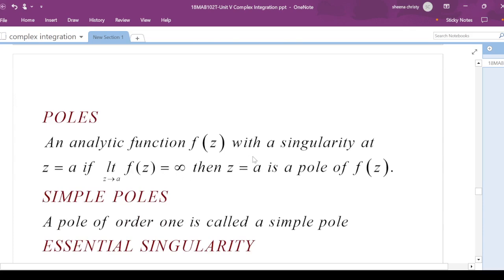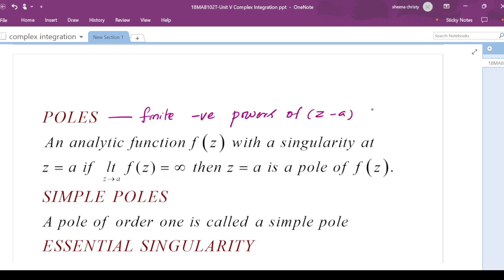For an analytic function f of z with a singularity at z equal to a, if the limit as z tends to a of f of z is infinity, or we can say that if you have finite negative powers of z minus a, that is, z minus a to the power minus n, then you can call the point z equal to a a pole.